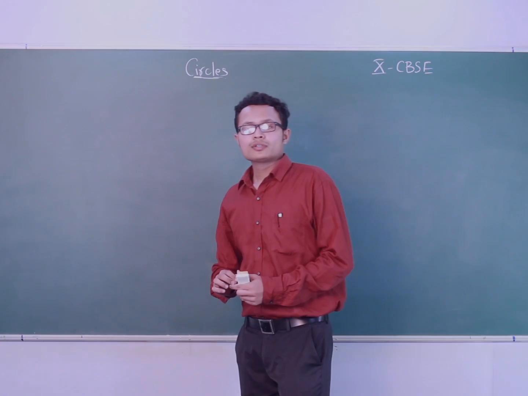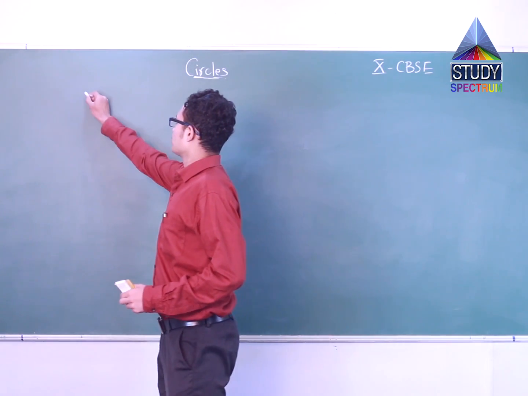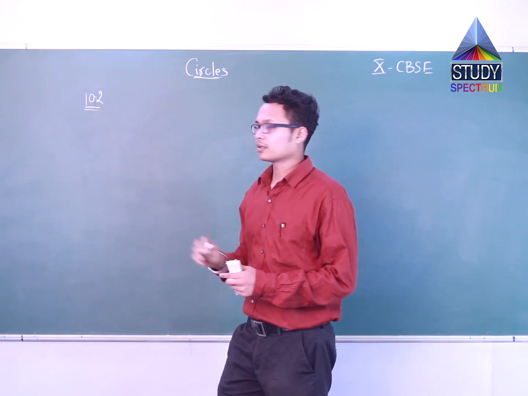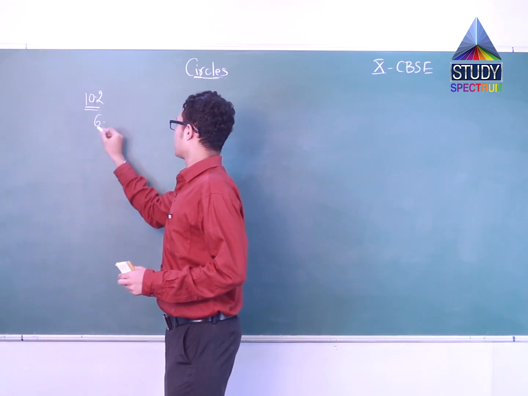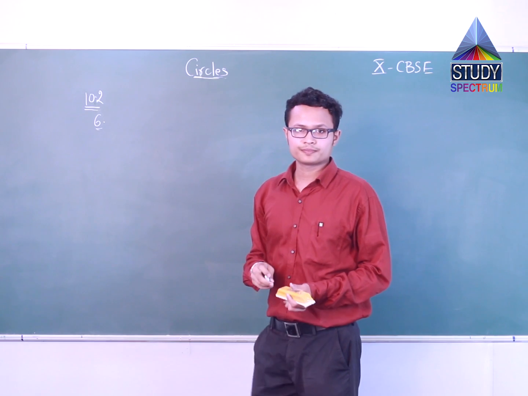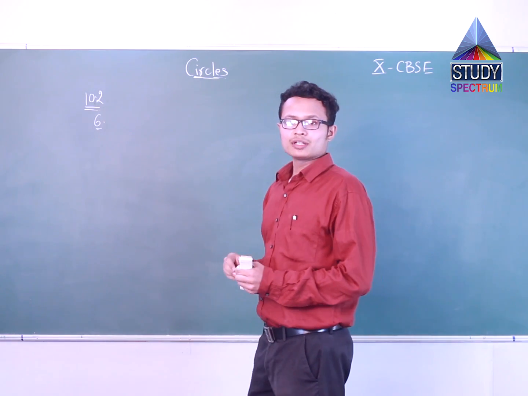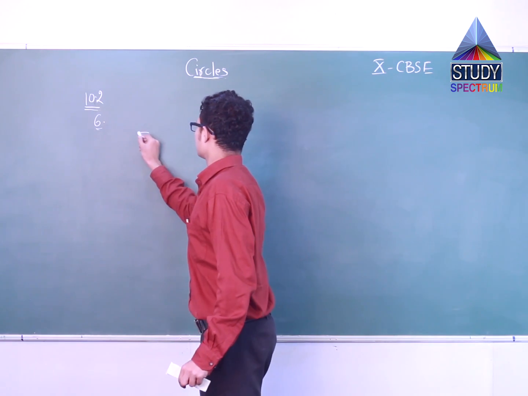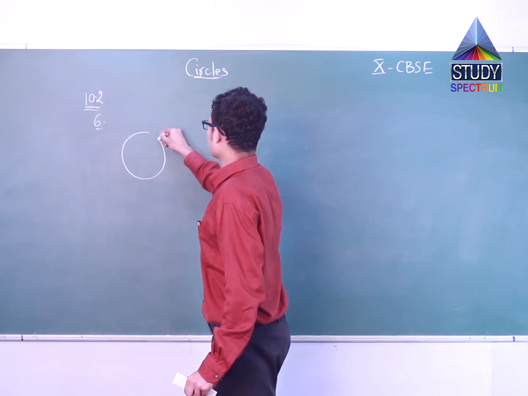We are solving questions from exercise 10.2. The next question I will solve is question number 6. Question number 6. The length of the tangent from a point A at a distance 5 centimeters. I am reading out the question for you.